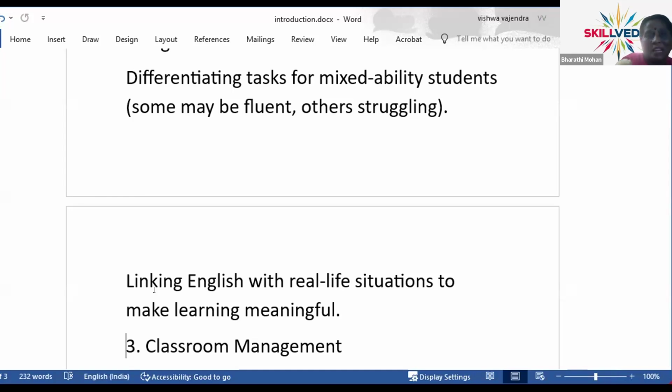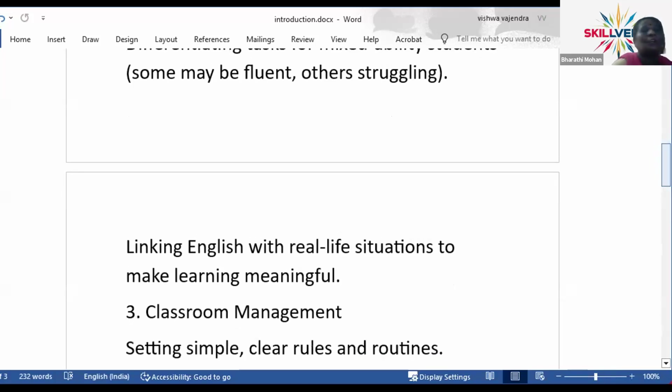So, classroom management. How is it, classroom management? What do you usually do in classroom management? Can we just have a discussion on that? How do you manage the classroom, especially the lower primary, and the 3, 4, 5, the primary classes?